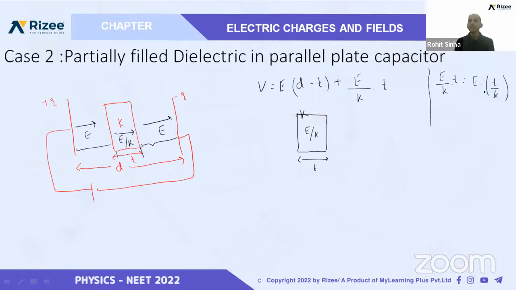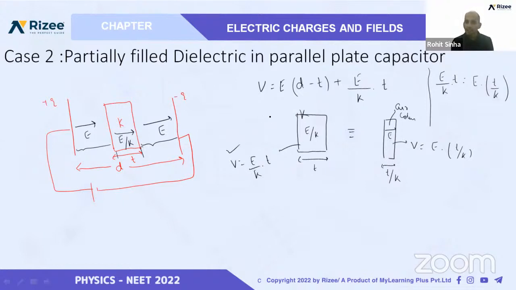What does it mean? It means that if we replace this dielectric material by an air column or vacuum with thickness T by K, then also the potential will be the same. Here the electric field will be E, and the potential is V is equal to E into T by K, and for the dielectric the potential is also E by K into length T, both same.